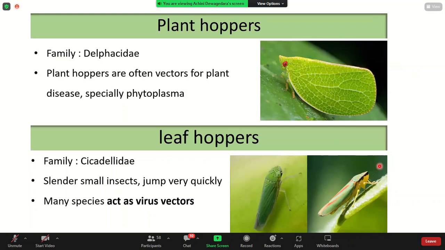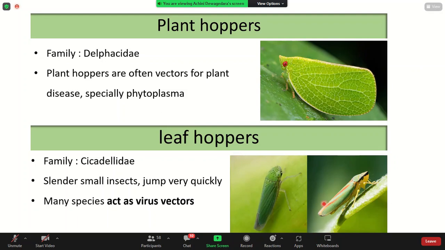And some other examples are plant hoppers. Here you can see plant hoppers. Maybe you have seen they are comparatively small, and they also have sucking mouth parts, and they act as vectors and spread phytoplasma diseases.